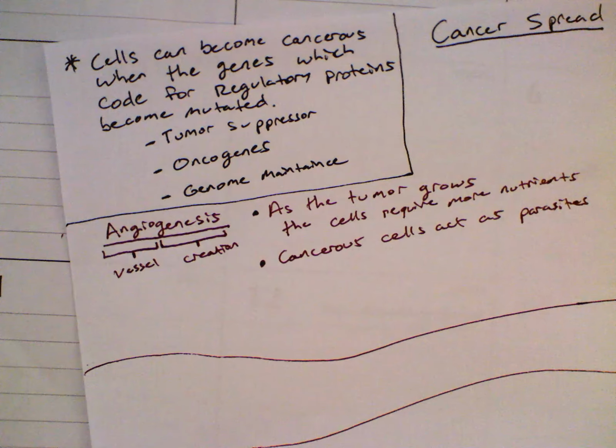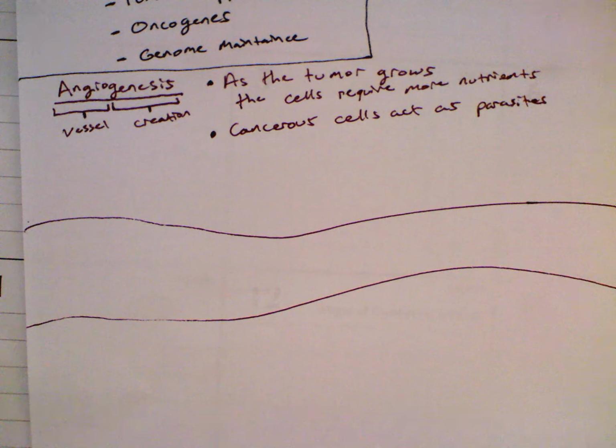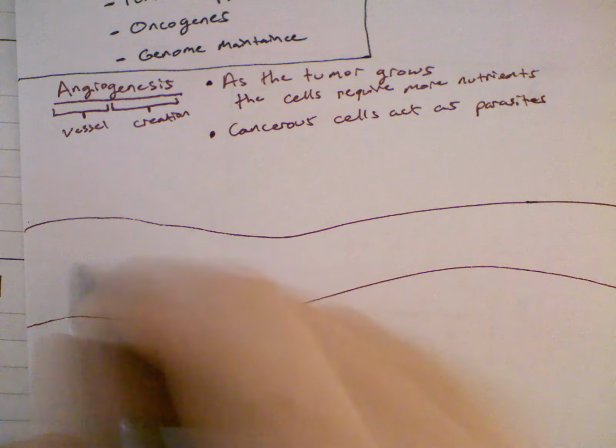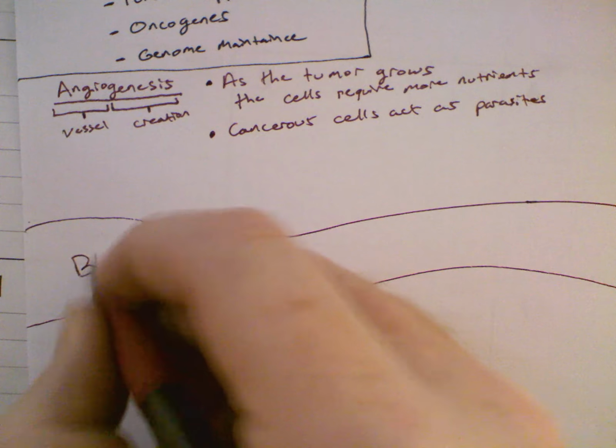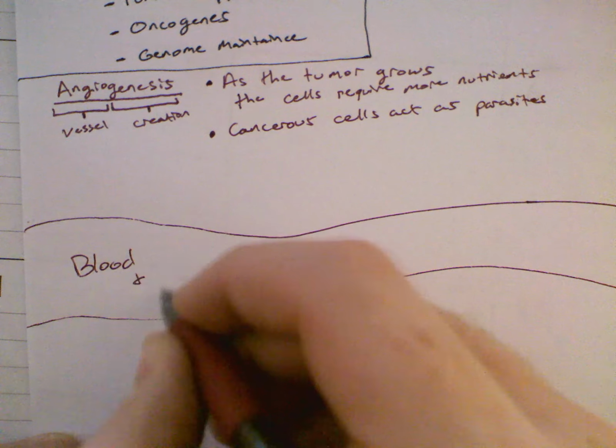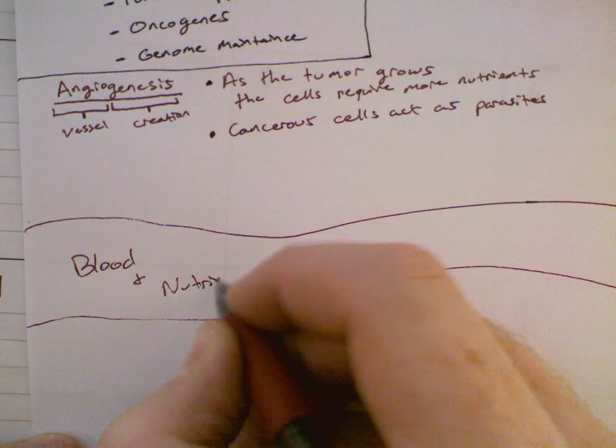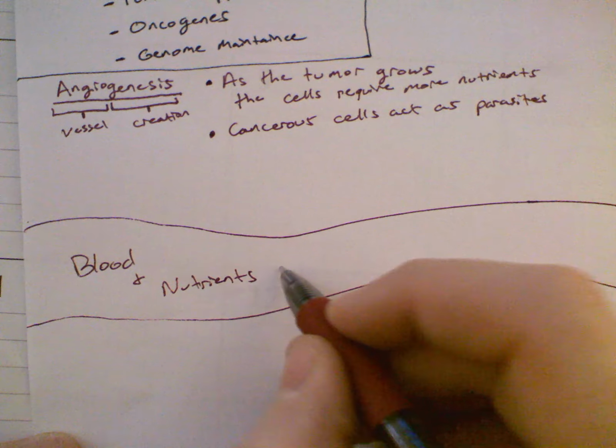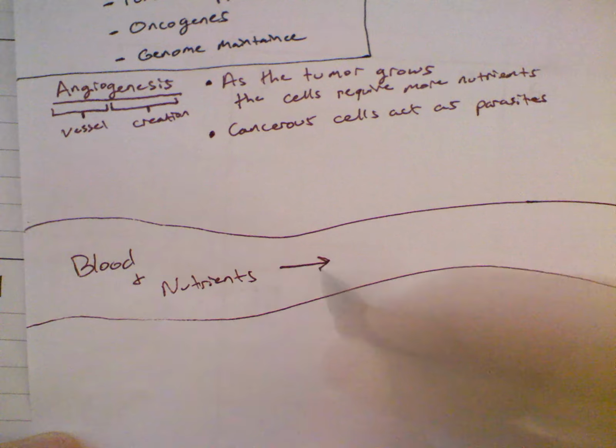Okay, so let's kind of draw out what this would look like. So you can imagine in our blood vessel here, we would have blood and nutrients going through this vessel. Okay.